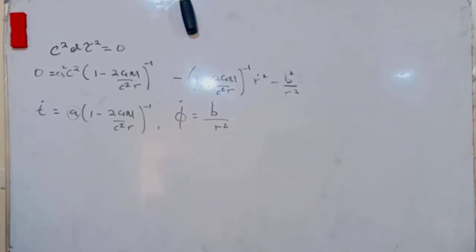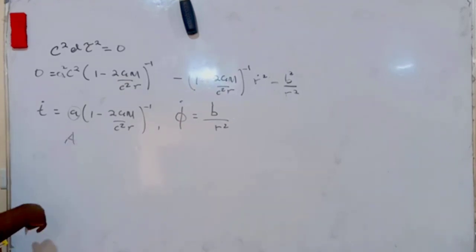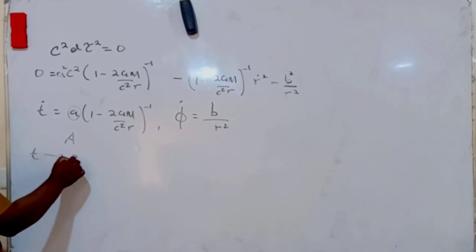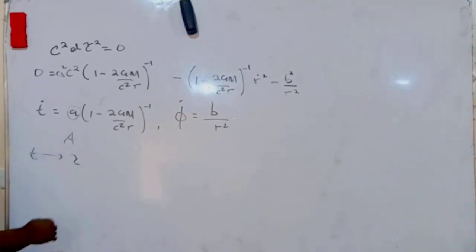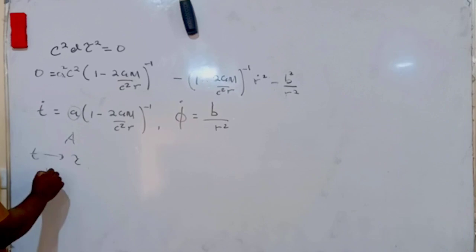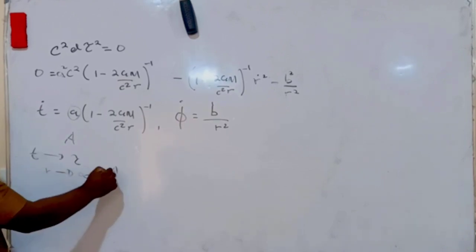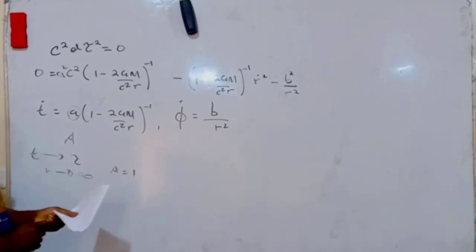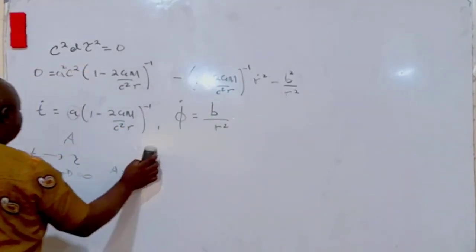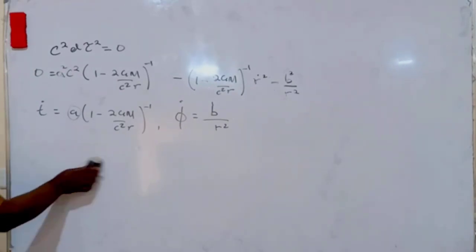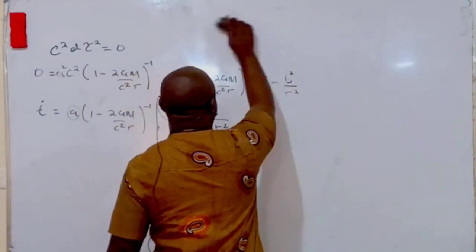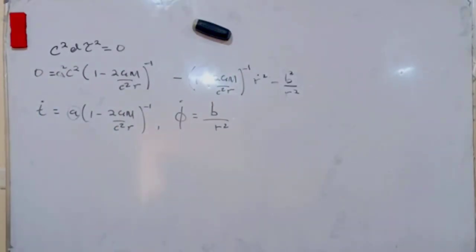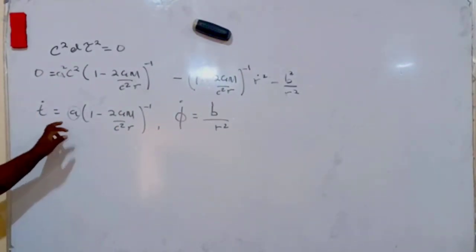If you remember, we had that a, but we brought some arguments that if t is tending to 2, r tends to infinity, and a will be equal to 1. We were able to break that argument yesterday. So it's just a constant parameter we are introducing there to make our problem more general. That is why we are introducing the a.